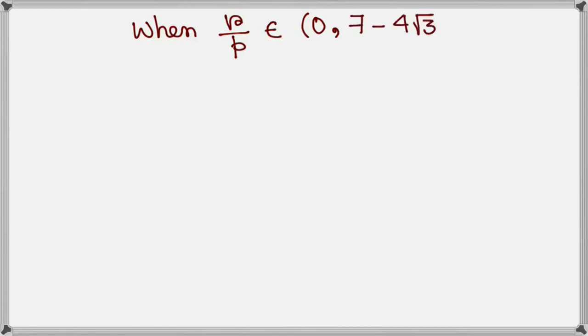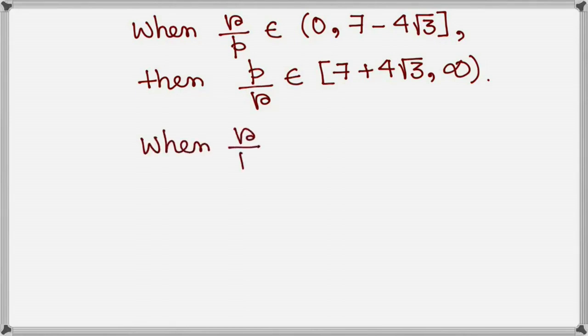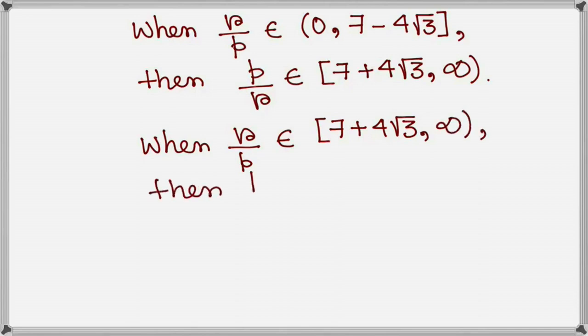Now observe that when the ratio r/p is in the interval (0, 7 - 4√3], then the ratio p/r is in the interval [7 + 4√3, infinity). And when the ratio r/p is in [7 + 4√3, infinity), then the ratio p/r is in the interval (0, 7 - 4√3].